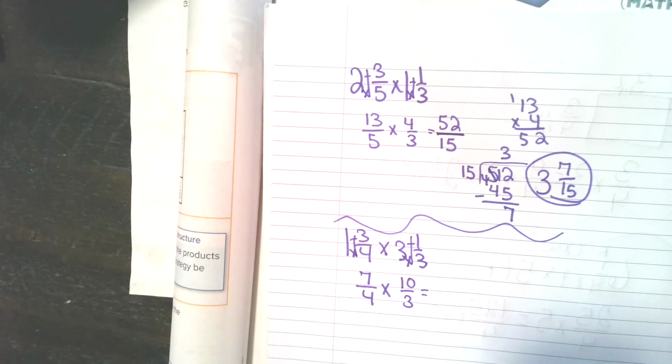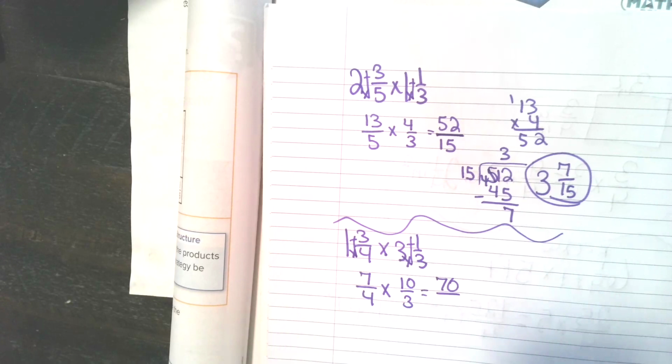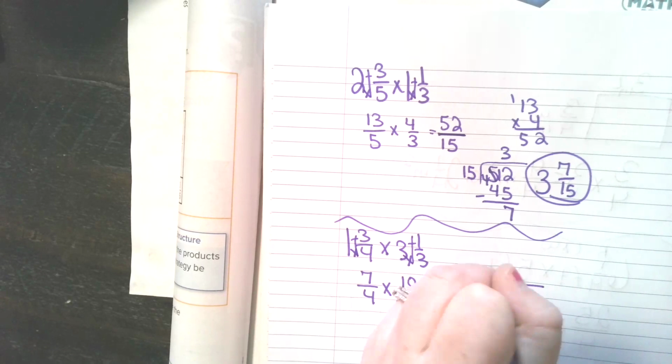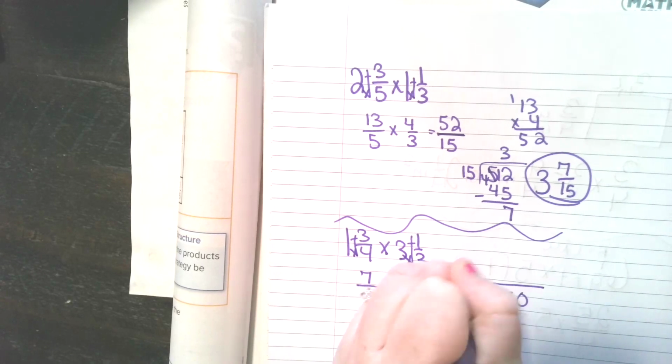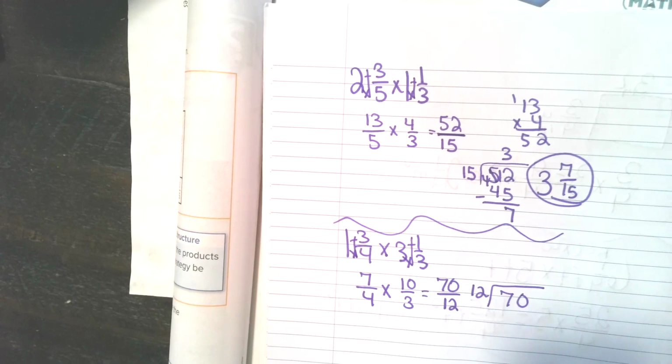7 times 10 is 70. And 4 times 3 is 12. And then I can leave it like that, or I can divide it. 70 divided by 12. All right, so think about what times 12 would be close to 70.